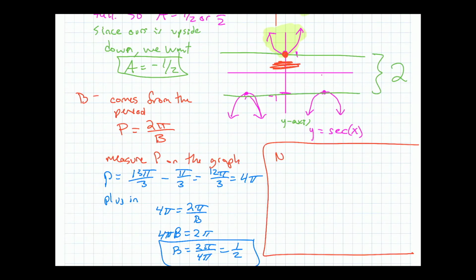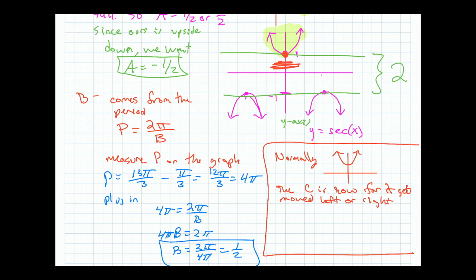Normally on the secant, you have a piece like this. We just need to see how far it's been moved left or right. The C is how far it gets moved left or right.